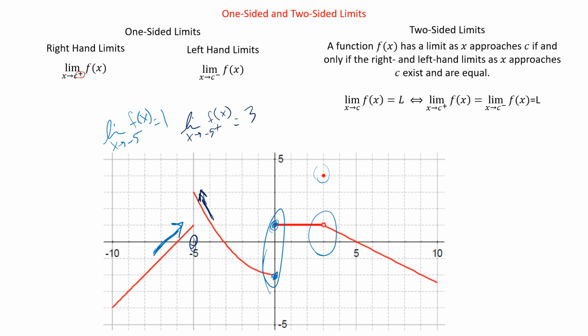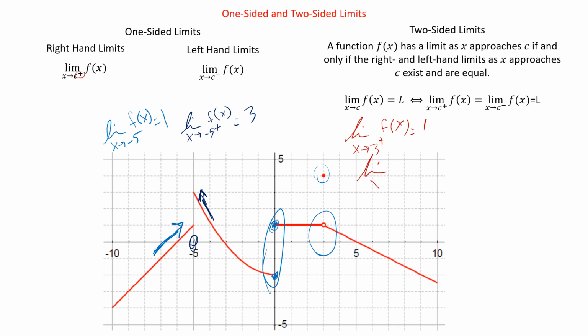So for negative 5 and 0, the limit does not exist because we could not cover up that value and just kind of know what it's going to be, because it's going to two different things. So the limit does not exist there. However, for 3, the limit as x goes to 3 from the right side of f of x equals 1.